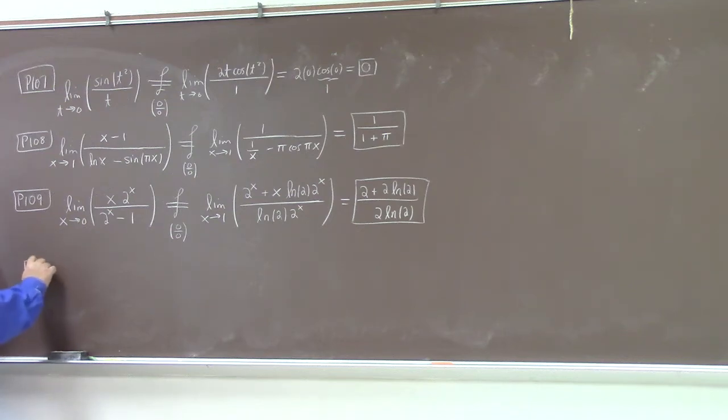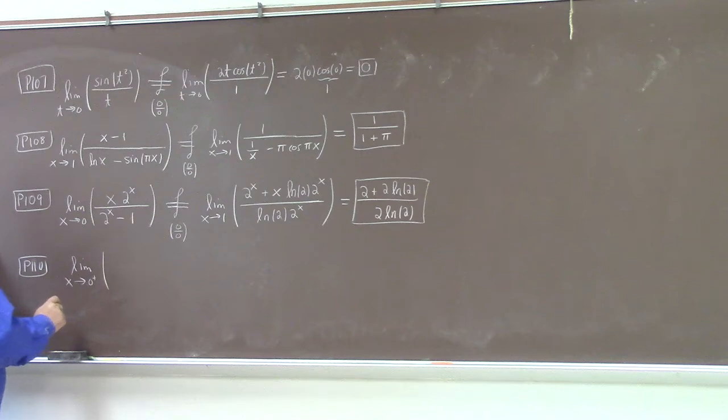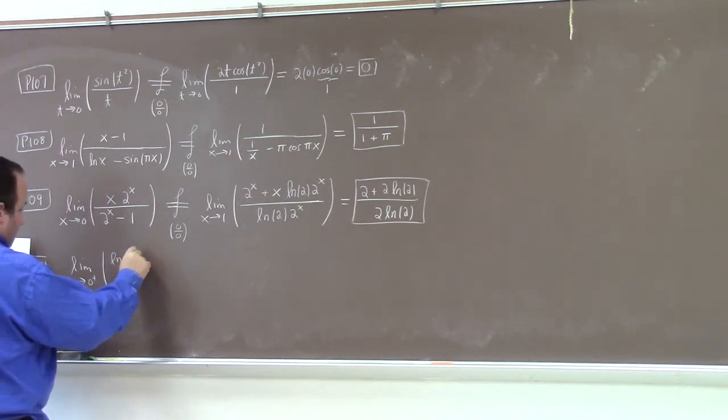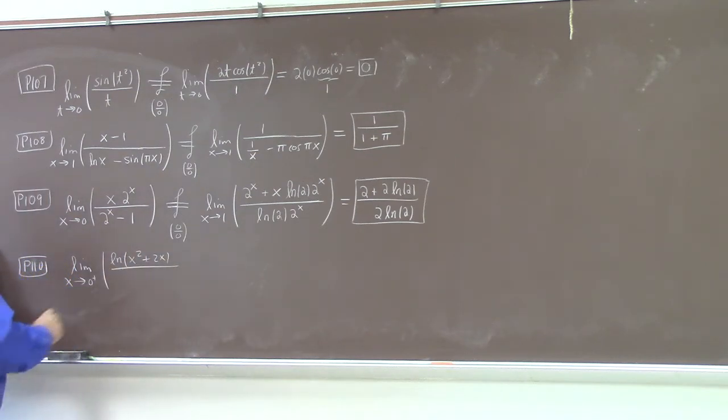Problem 110, we've got the limit as x goes to 0 from the right of natural log of x squared plus 2x divided by log x.